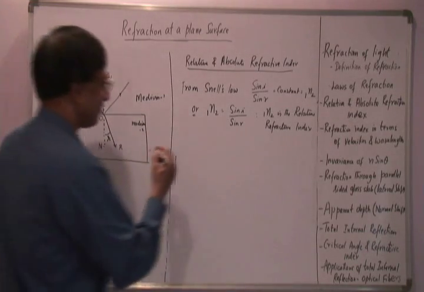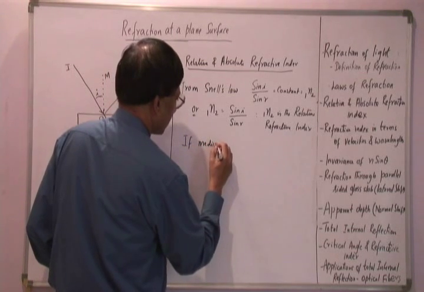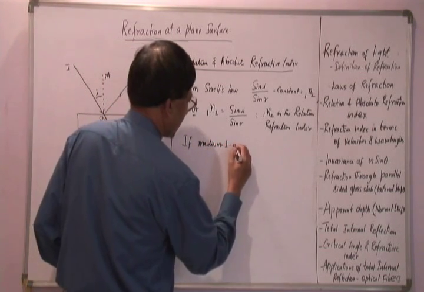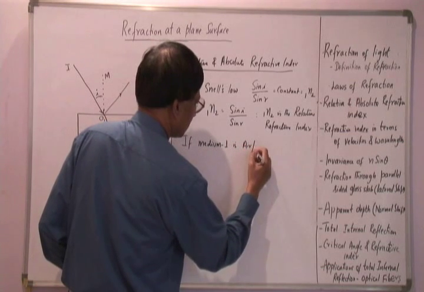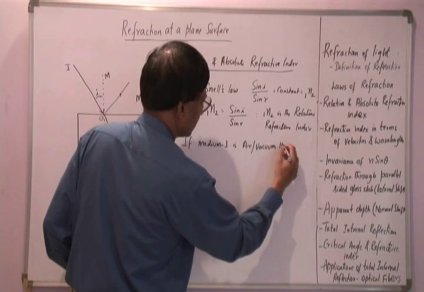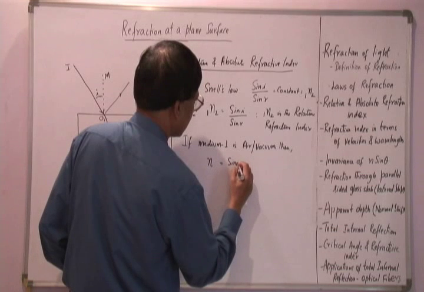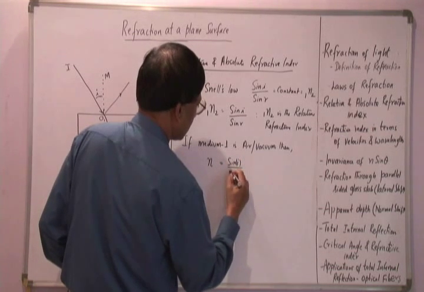Now if medium 1 is air or vacuum, then we have n equal to sin i by sin r.